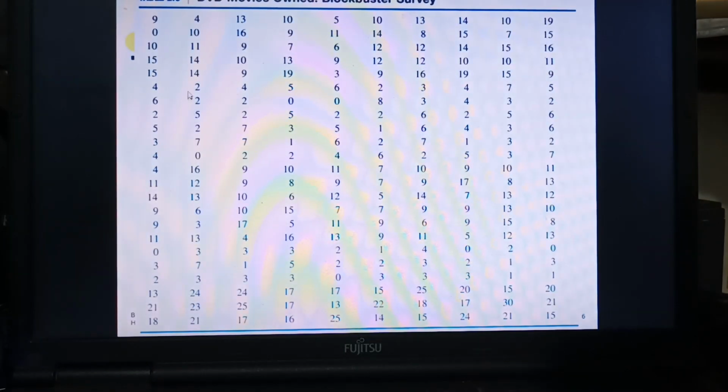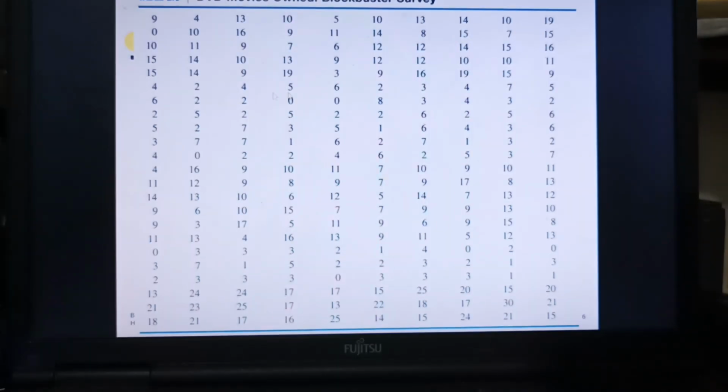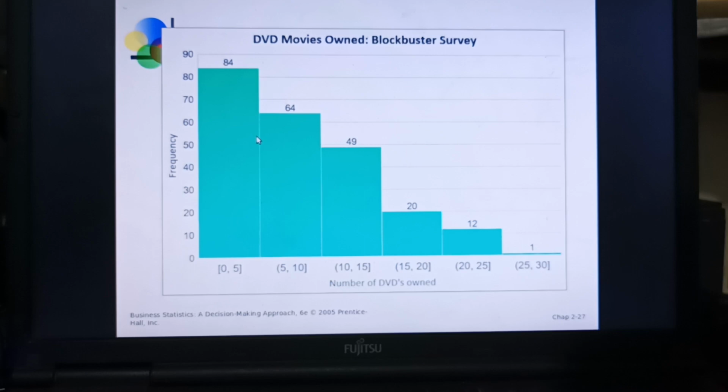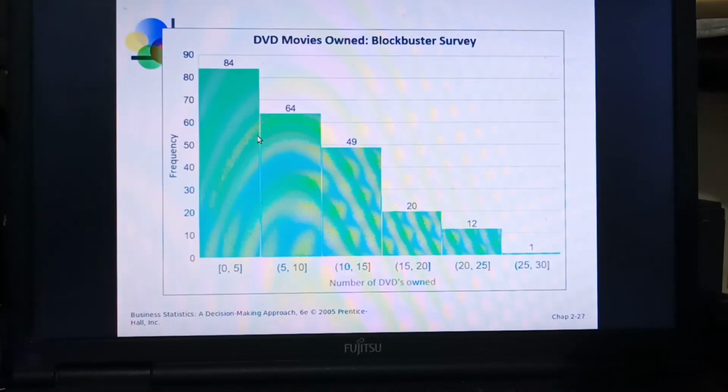Here's the data, unsorted. It is confusing if it is not sorted. Now from the DVD movies owned data from the Blockbuster survey, they produced this.